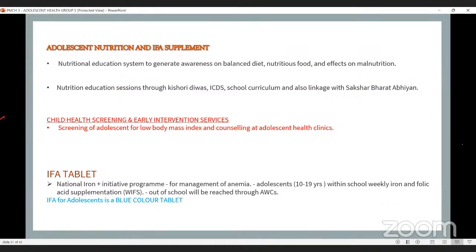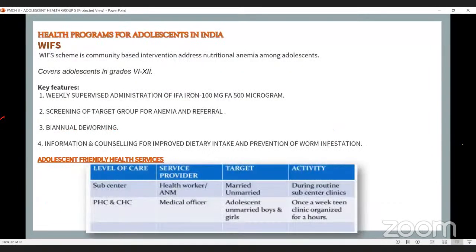The IFA tablet, which is the iron and folic acid supplementation, is a national iron initiative program for management of anemia. Adolescents at the age of 10 to 19 years within school were given weekly iron and folic acid supplementation, which comprised a blue color tablet. Next slide. Another scheme that was provided by the government is the WIFS, which is the weekly iron and folic acid supplementation scheme.